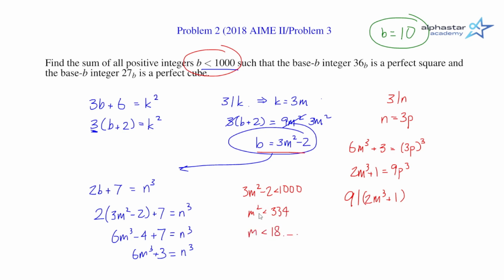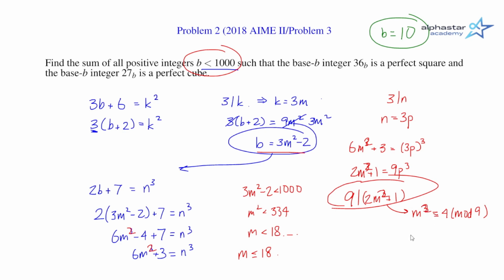So we know that m is less than or equal to 18. At this point, we can sort of brute force our way through the rest of the solution, but we can see that this becomes m squared is congruent to 4 mod 9. I was writing cubed when I should be writing squared, sorry.